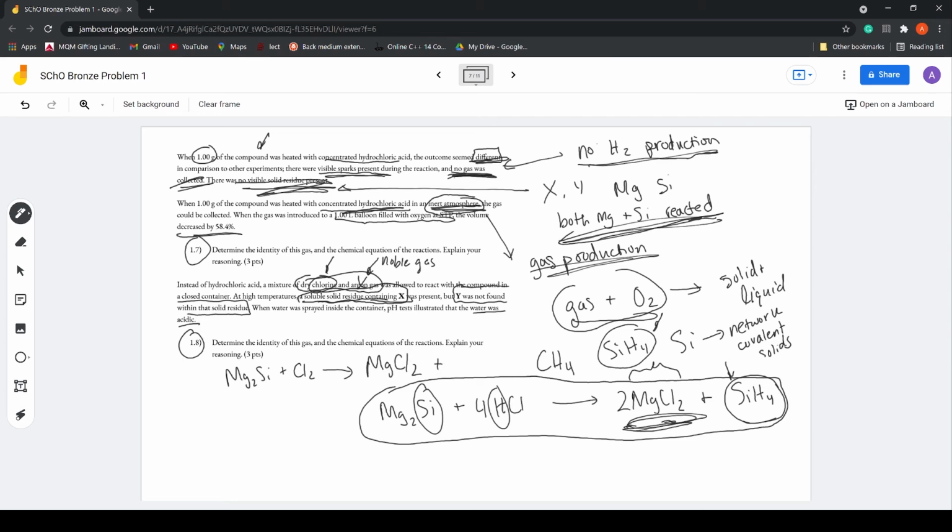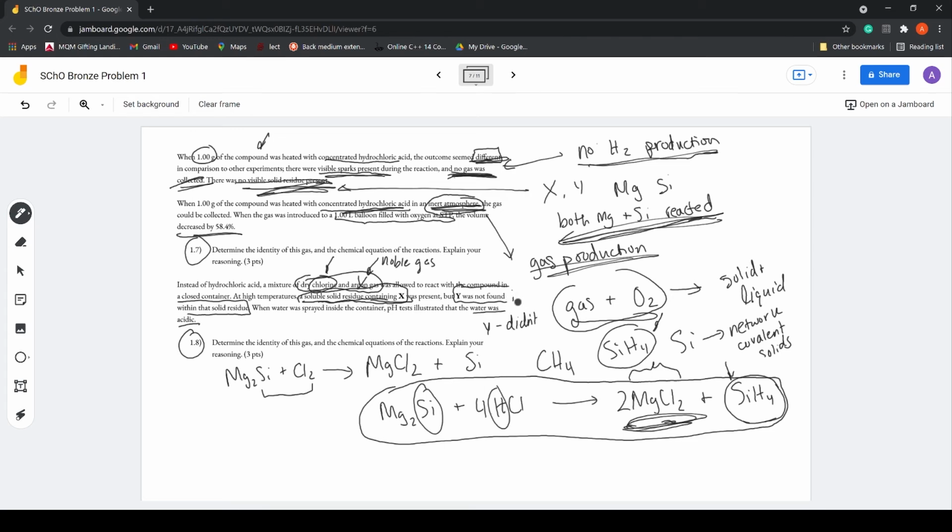Y was not found within that solid residue. Now we can educatedly guess, right? We need some silicon-chlorine compound to have this reaction, because if Y was found within the solid residue, we would know that Y didn't react.